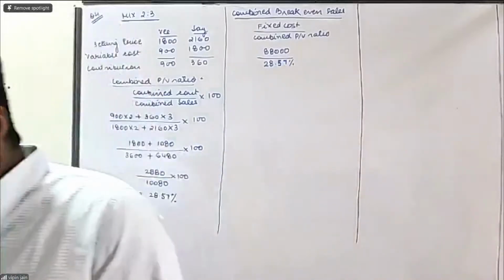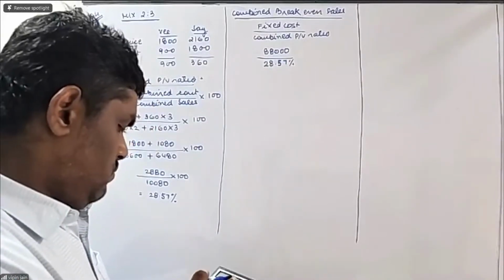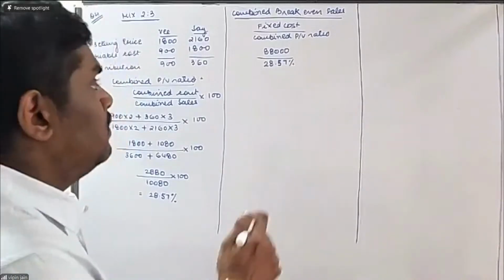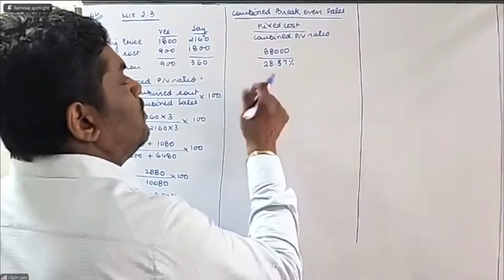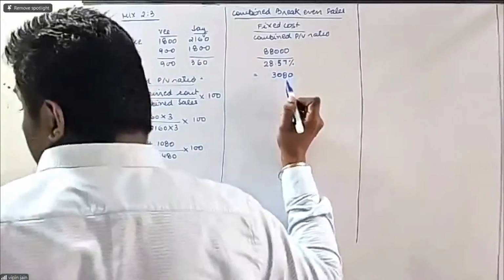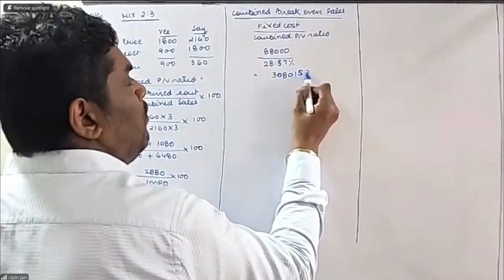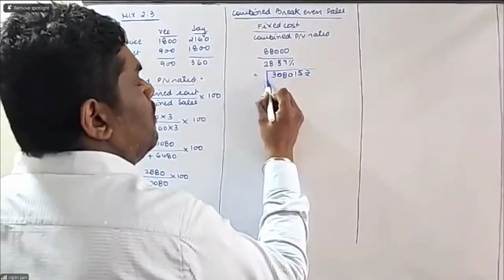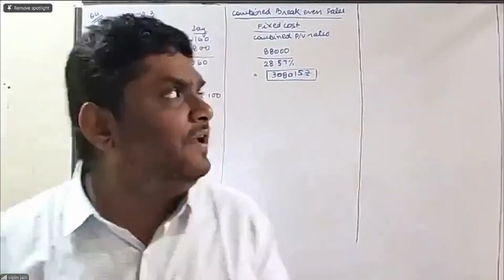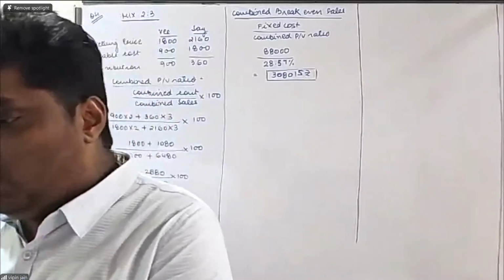So the total combined break-even sales will be ₹308015. Anyone having any doubts or queries in this part, please post your queries.